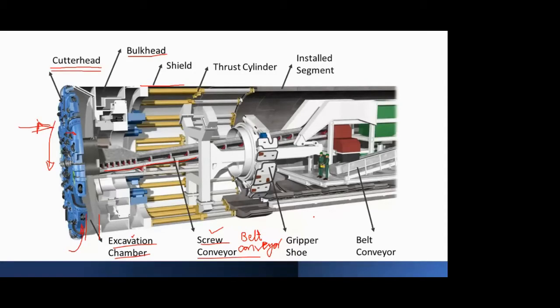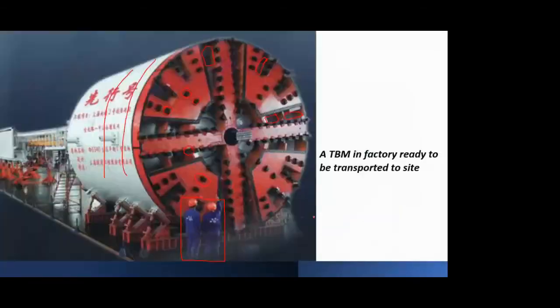But how does the tunnel actually progress forward, or how does this TBM actually move? Because if you see this photograph, these supports you are seeing are temporary supports because the machine is in a factory. Once it is taken to the site, you will not get these supports. You will just have this cylindrical kind of thing. So how will it actually go ahead?